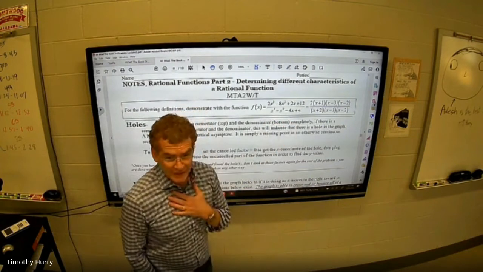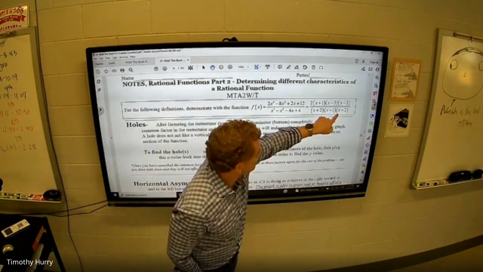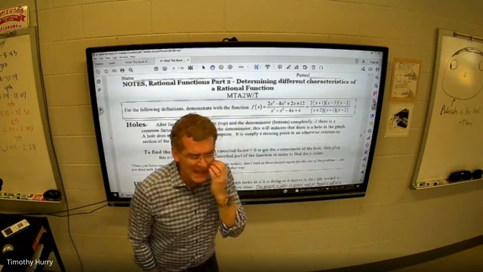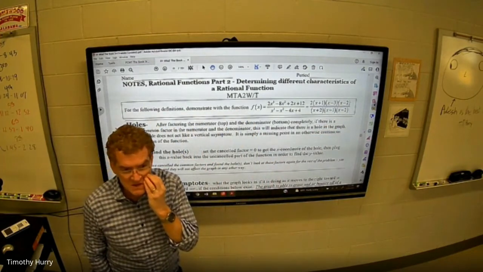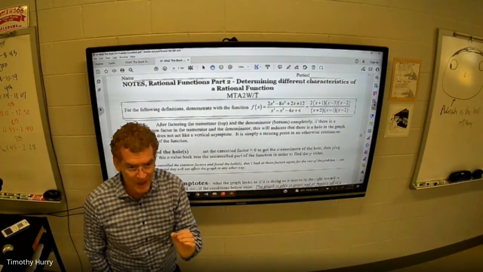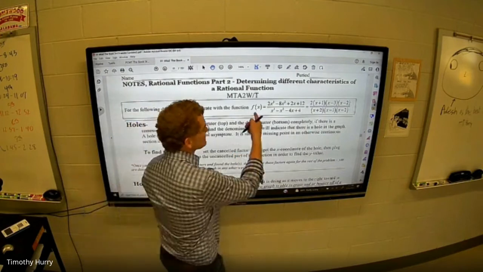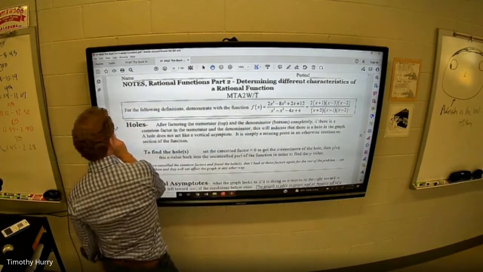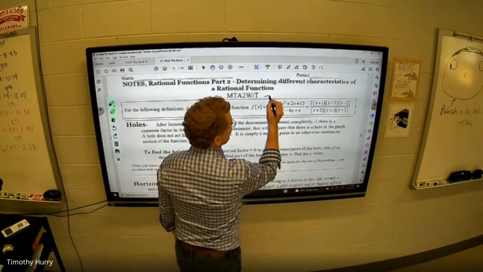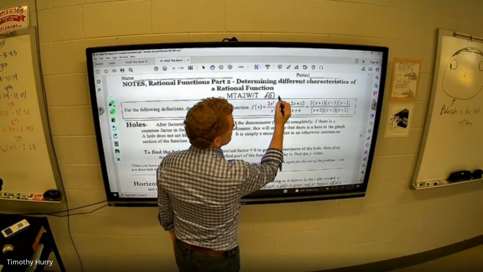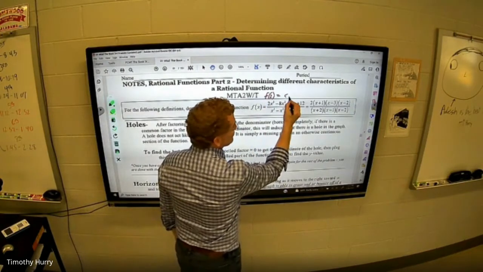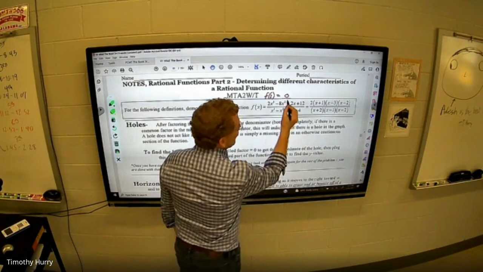And clearly, if I plugged a 2 right there and right there, what do I get? 0 on the top and the bottom. So what that means is if I asked you on this function to find f of 2, I can plug it in there, I'm going to get a 0. I can plug it in there, I'm going to get a 0.